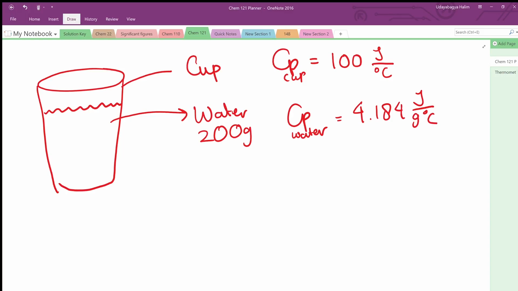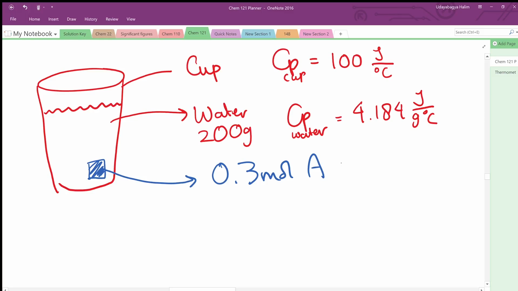And then inside of this, I have a chemical reaction. Let's just make it simpler because I can't think of anything too complicated right now. 0.3 moles of A reacted.